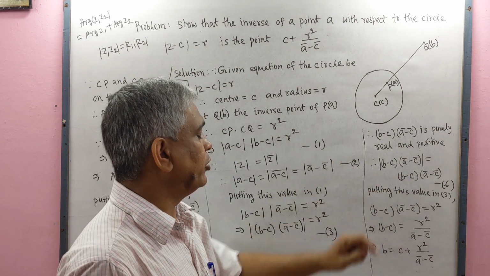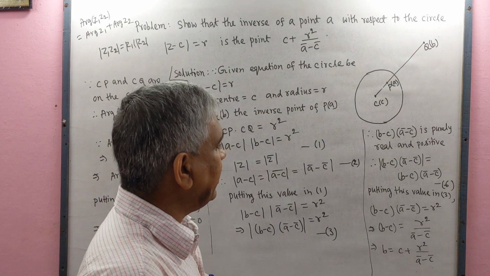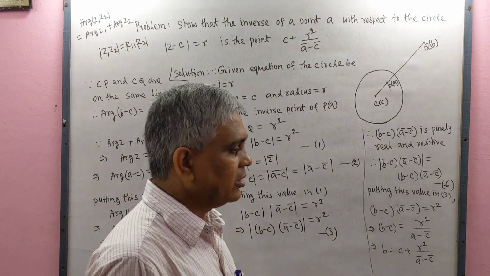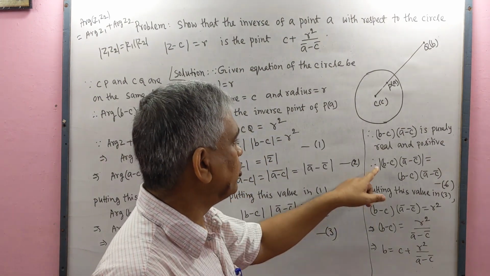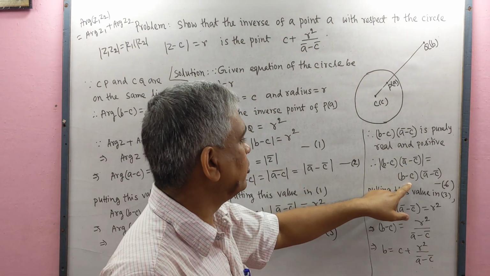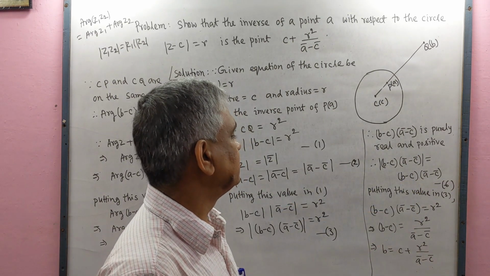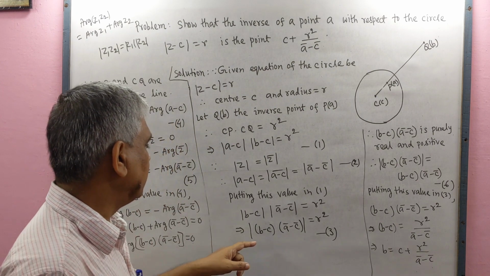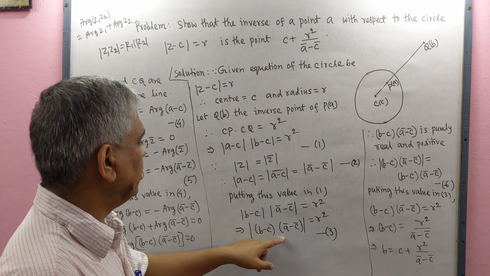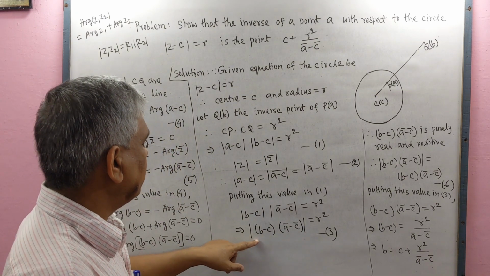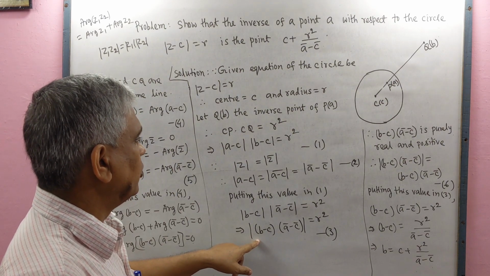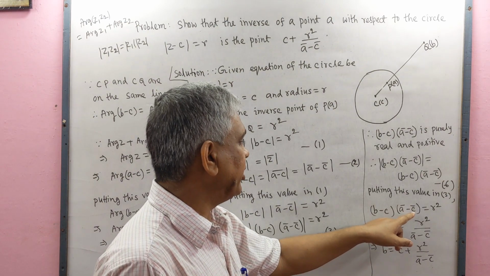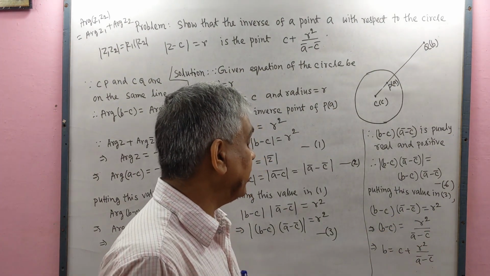So, the modulus of a real number is equal to that real number. Putting this value in the earlier relation, we delete the modulus. B minus C multiplied by A bar minus C bar equal to R square.